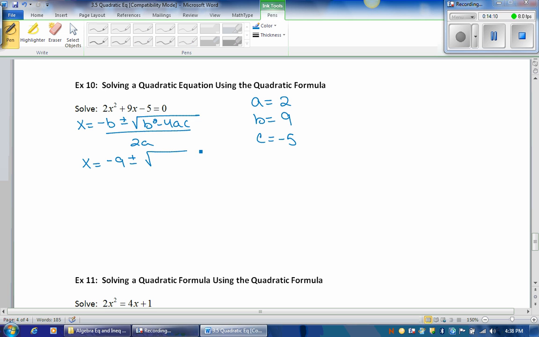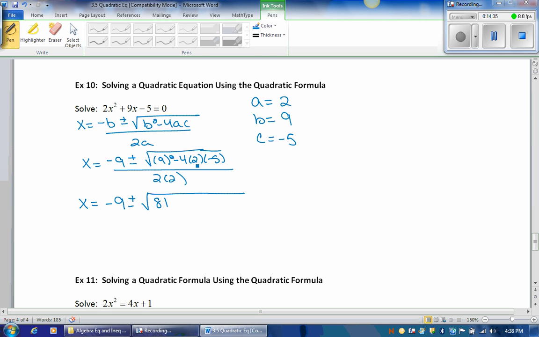Negative 9 squared minus 4 times 2 times negative 5 all over 2 times 2. So it's just substituting in those values. Now we're going to go through and determine what this is. 9 squared is 81.